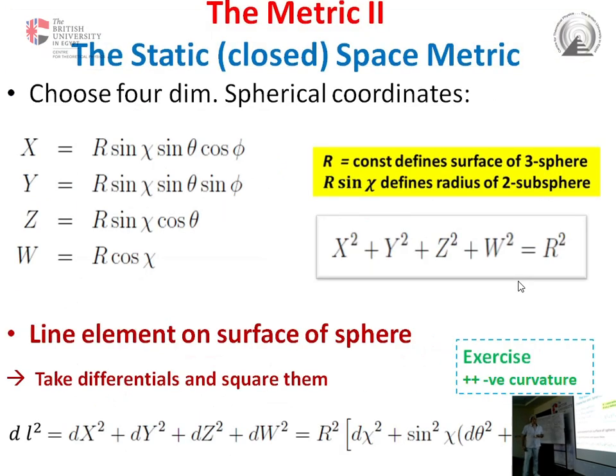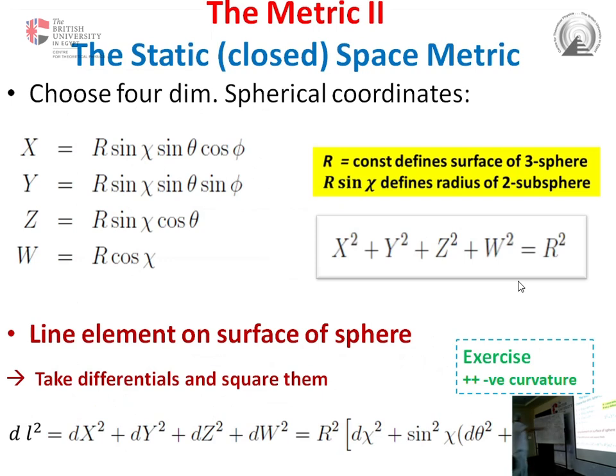So here you go. Let's do a closed space, a hypersphere, a 3-dimensional sphere. It's a 3-dimensional analog of a 2-dimensional sphere. I'll do the closed, and you can try your luck with open, saddle, hyperbolic.